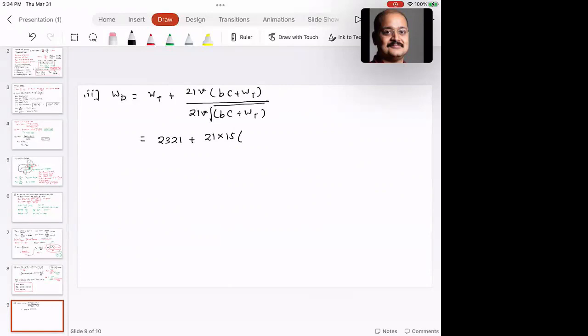For B, I want you to take a look at the equation for B, which I got as 618.96, plus 2321, divided by 21 times 15 plus square root of 618.96 plus 2321.